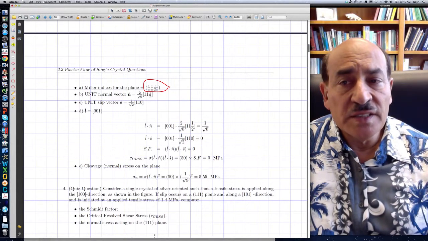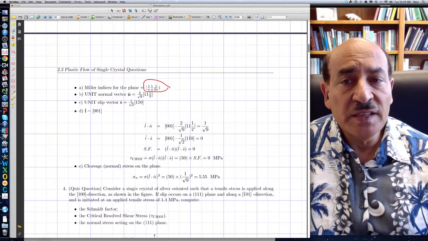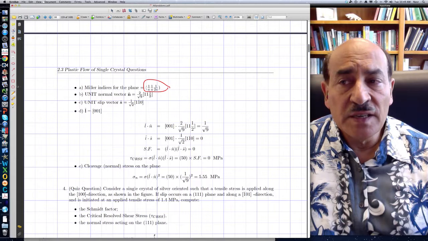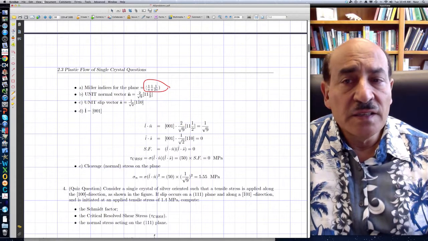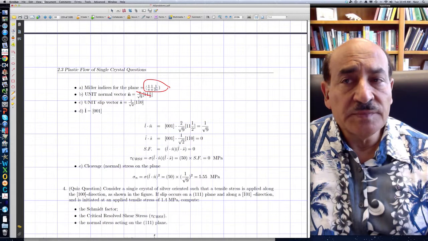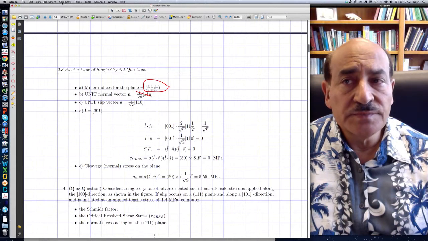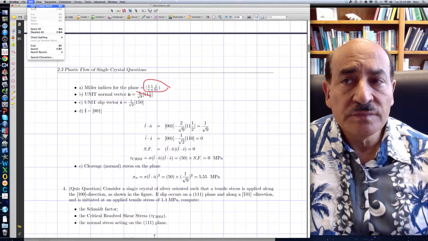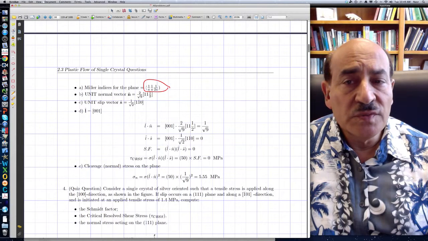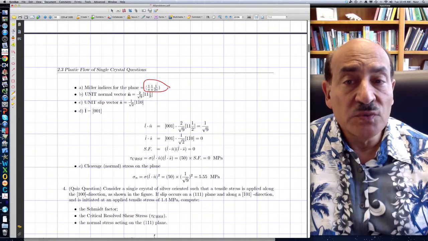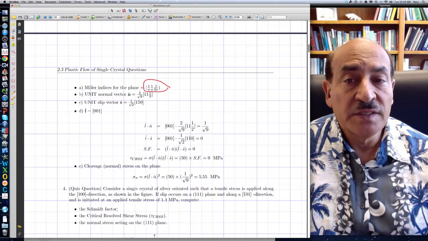So if you look at the unit normal vector to the plane, it is 2 over the square root of 9 times 1, 1, and then 1/2.